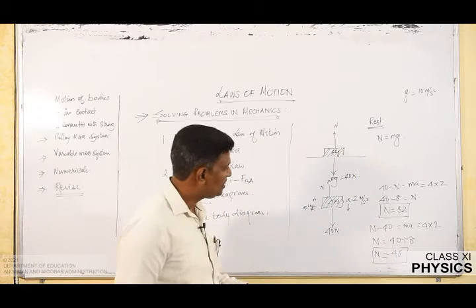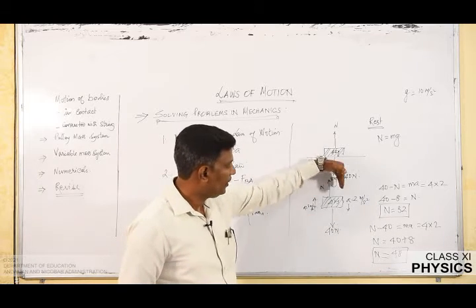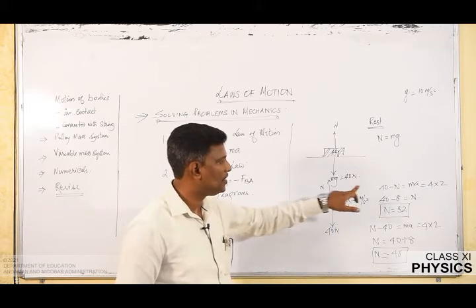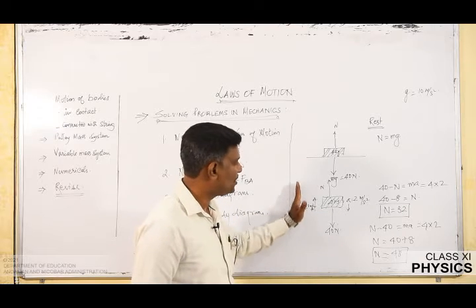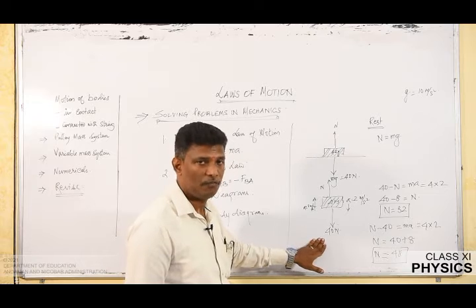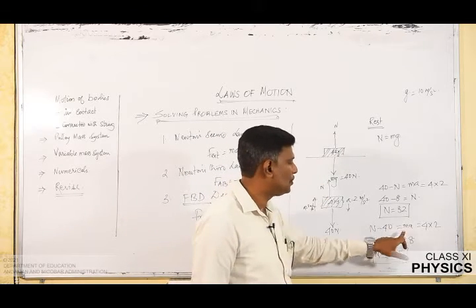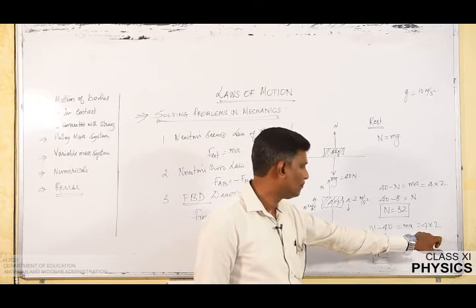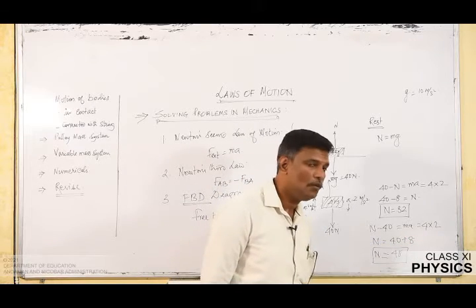By the simple equations we can understand, if it is moving downward, 40 minus N is equal to ma, because the direction is downward. If the direction is upward, obviously N is greater than 40. So N minus 40 is equal to ma, that is 4 kg into 2 meter per second square. So N is equal to 40 plus 8, that is N is equal to 48.